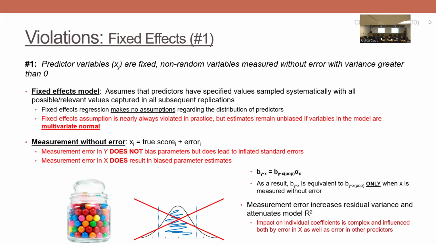This is the regression of y on x. Thinking about this in classic test theory language, we can think about my observed coefficient as a function of the actual true population parameter multiplied by your reliability, okay? So alpha x represents the reliability of your x measure.